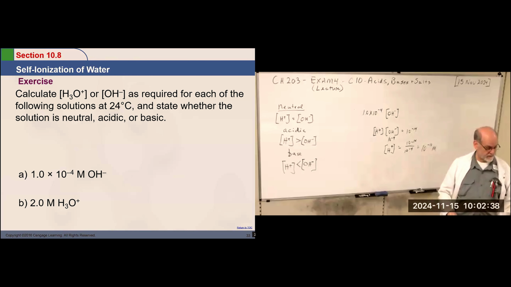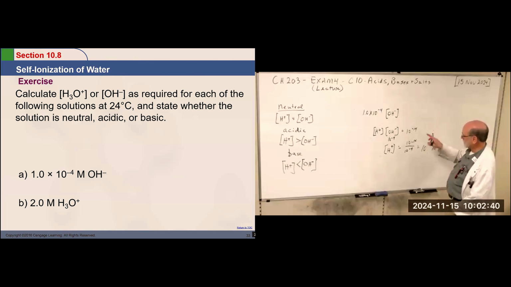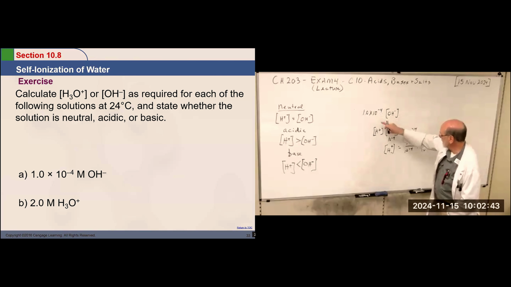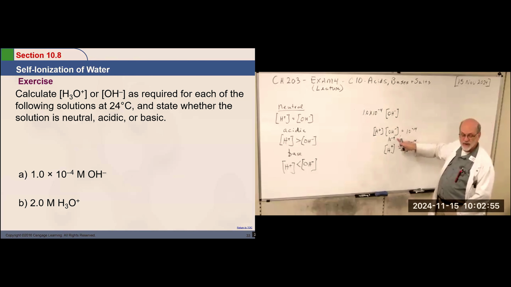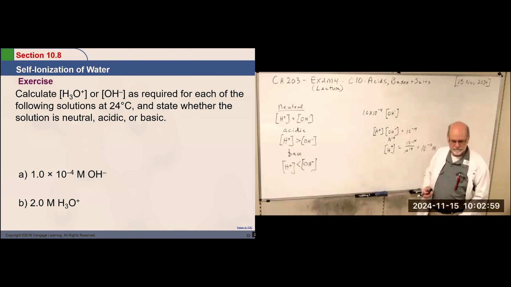That is basic, because this one is much greater than that one. Or another way of looking at it, in neutral water, it's 10 to the minus 7. This is a lot less than 10 to the minus 7, and this is a lot greater than 10 to the minus 7, which also means it's basic.